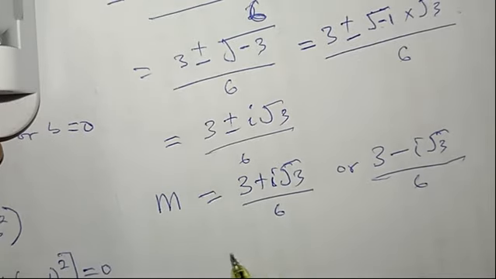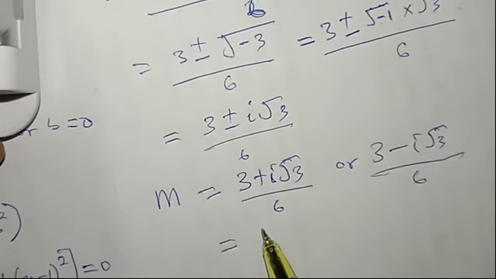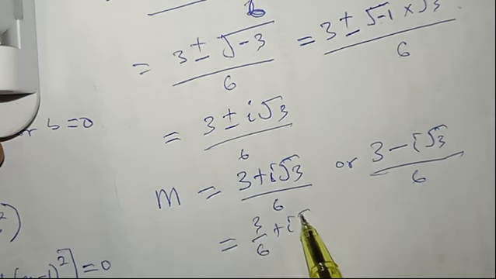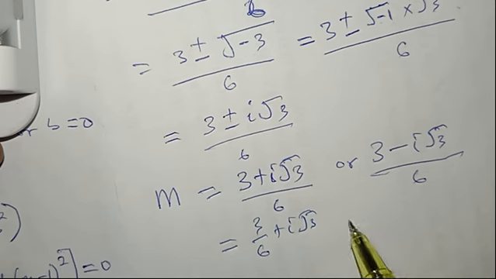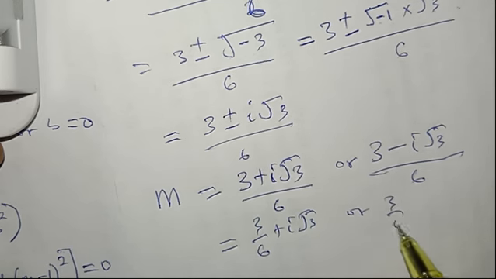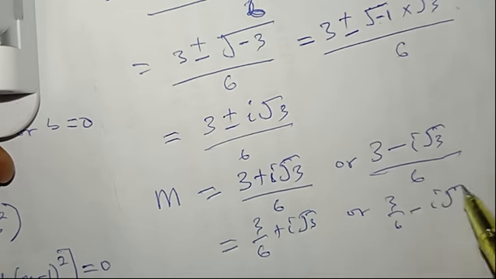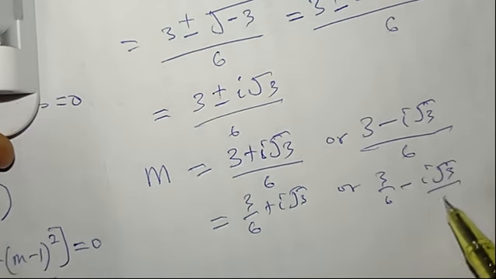Of course, you can also simplify that to have 3 over 6 plus i root 3 over 6, and then 3 divided by 6 minus i root 3 divided by 6.